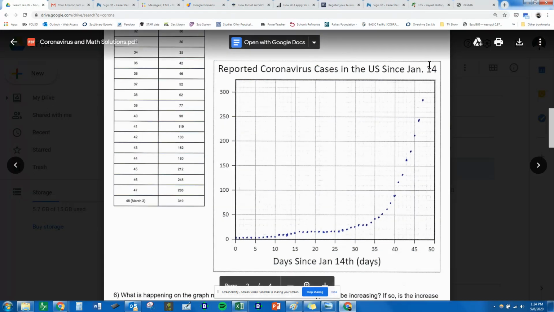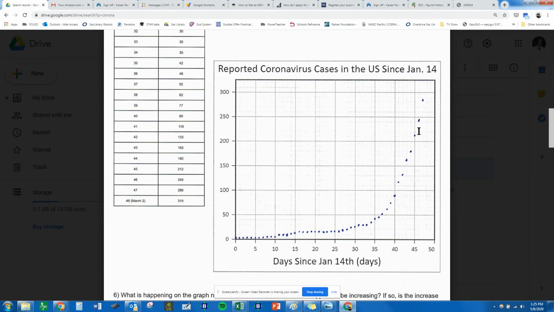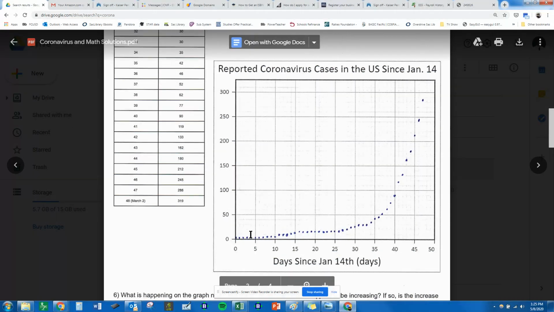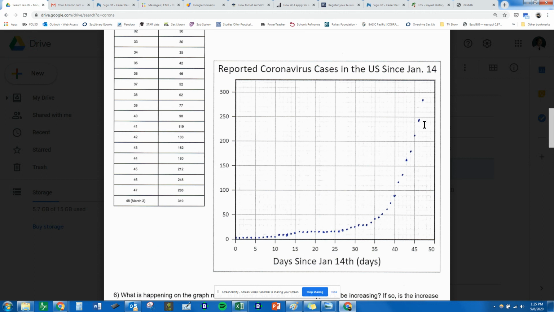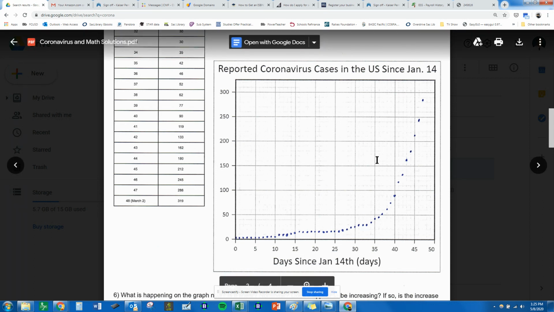The prediction means we might have a huge number of cases in a very short period of time. That maybe helps explain why we're sheltering in place right now, and why they have talked so much about flattening the curve, because based on this model of the data, they're trying to change that model so that our lives are less impacted by this virus.